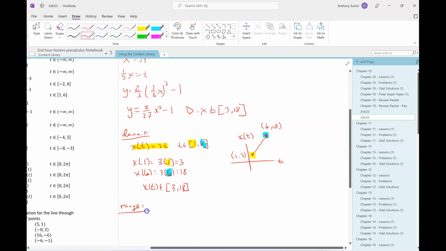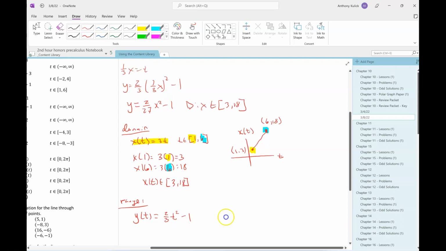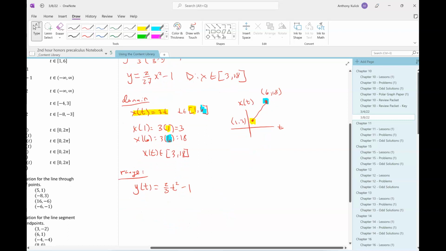All right, let's do the range now. So we have y of t is equal to 2/3 t squared minus 1, where t is defined from 1 to 6.